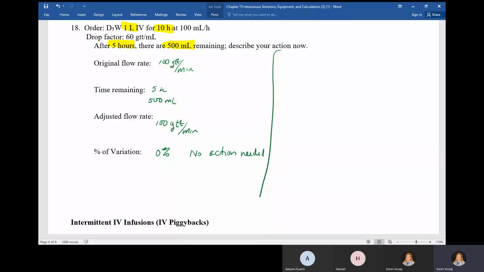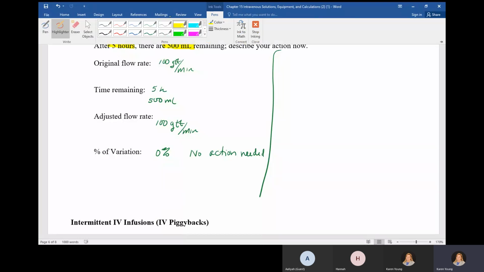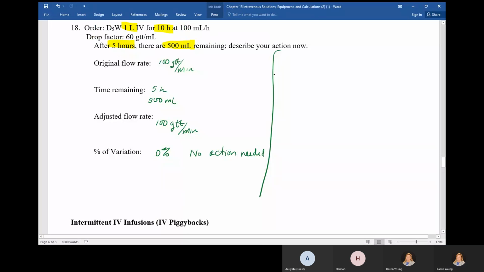Now I want to play a what if game. Oops. I don't need a highlighter to play a what if game. I needed a color. All right, so what if my percent of variation was a negative 19%? The negative 19, of course, is less than 25.